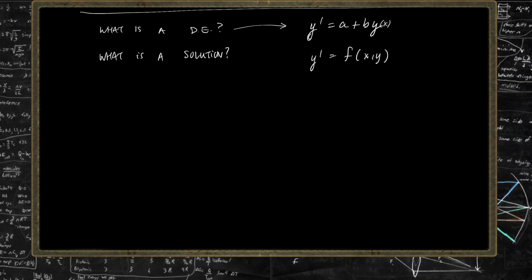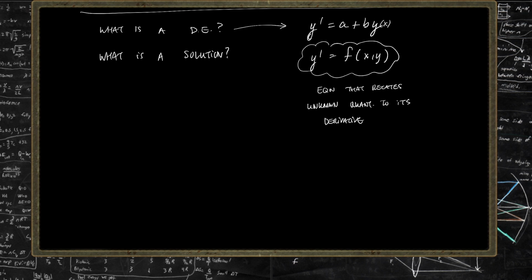This is just one example of a DE, but the idea that is inherent here is that it's an equation that relates an unknown quantity to its derivatives, plural. Here, I've given you just the first derivative, but we can go to whatever order derivative we'd like.